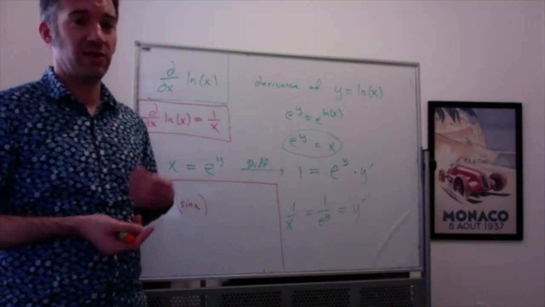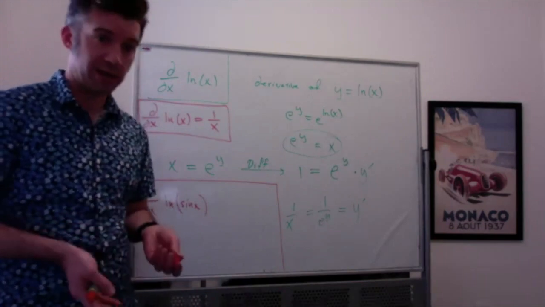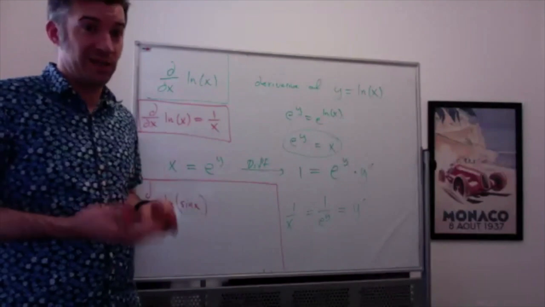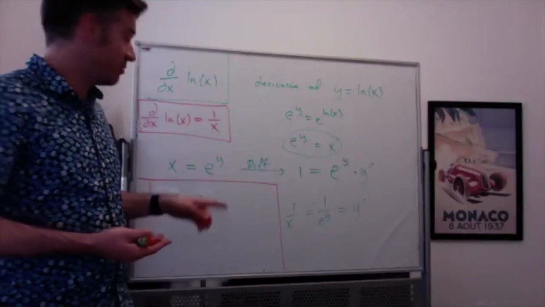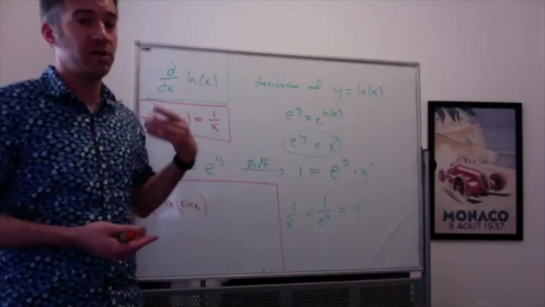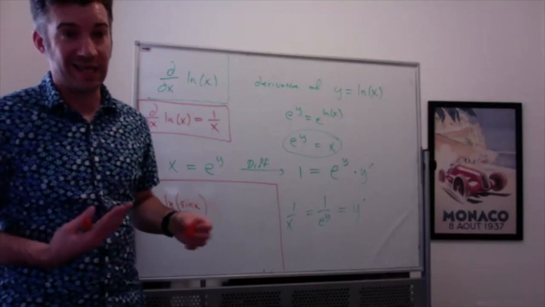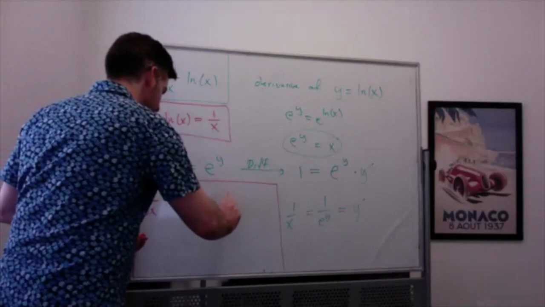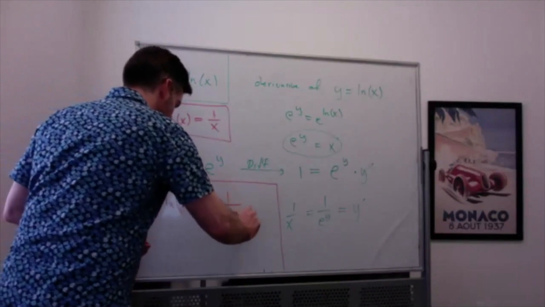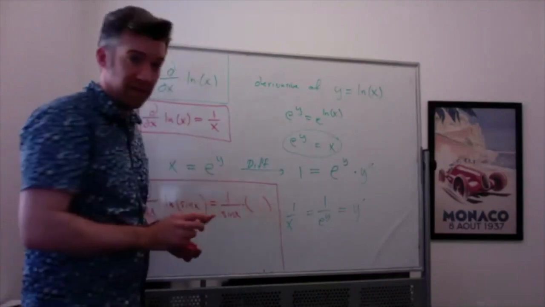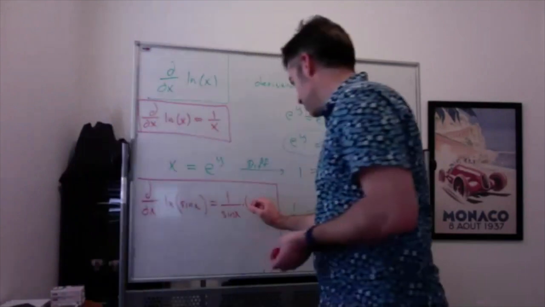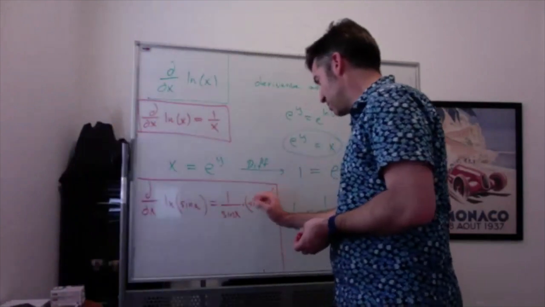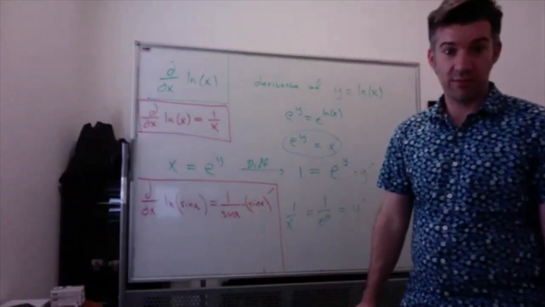When I take the derivative of the natural log of x, I get 1 over x. I'm going to replace the x's with stuff. Your natural log of some stuff is going to be 1 over the stuff. And since I said the magic word stuff, we have to multiply by the derivative of the stuff.